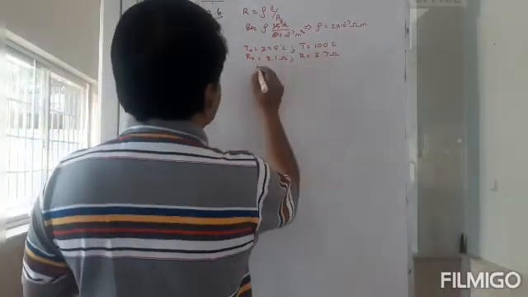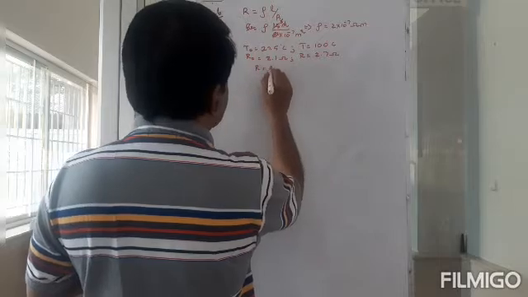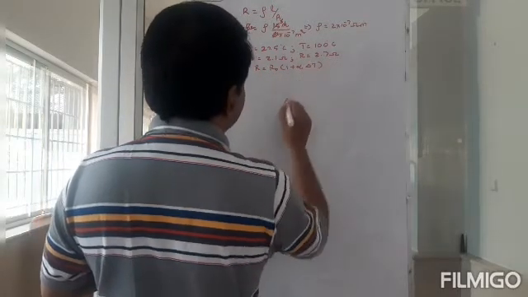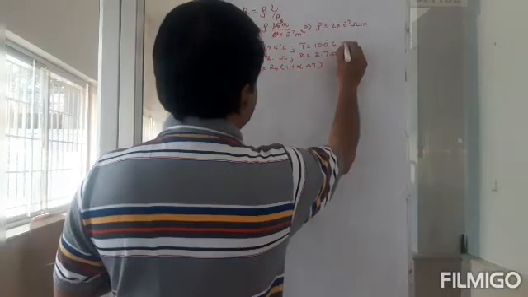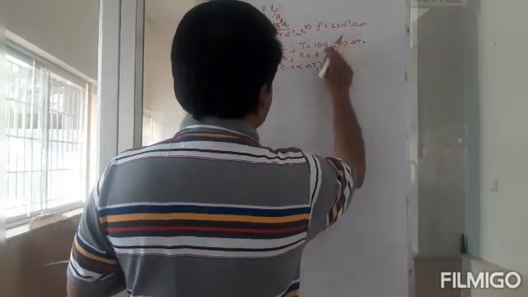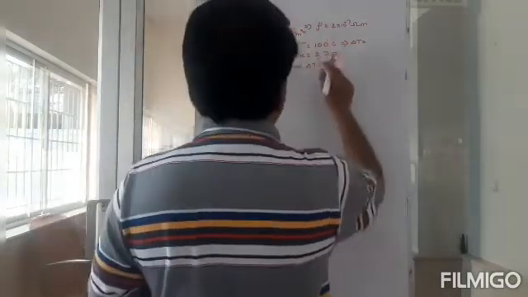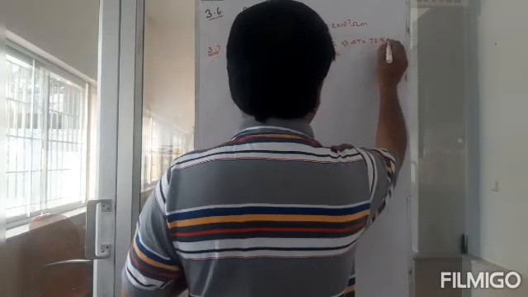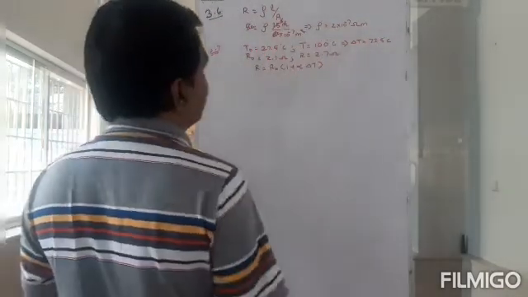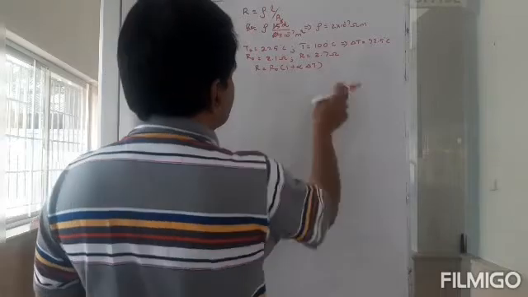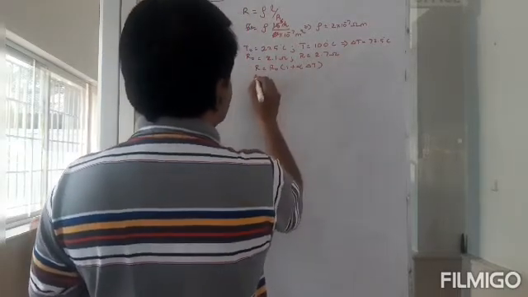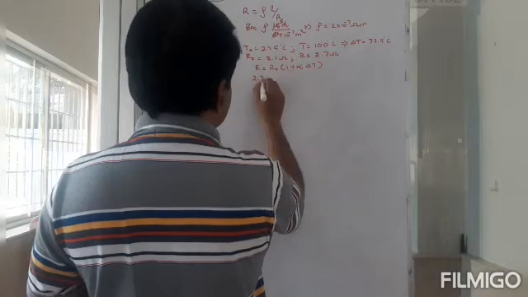That's easy, right? So what do you know? You know that R is equal to R naught into 1 plus alpha delta T. So delta T is 100 minus 27.5, that is going to be equal to 72.5 degree Celsius. That's the delta T part, right? So now I can plug all these things in. What is R? R is 2.7.